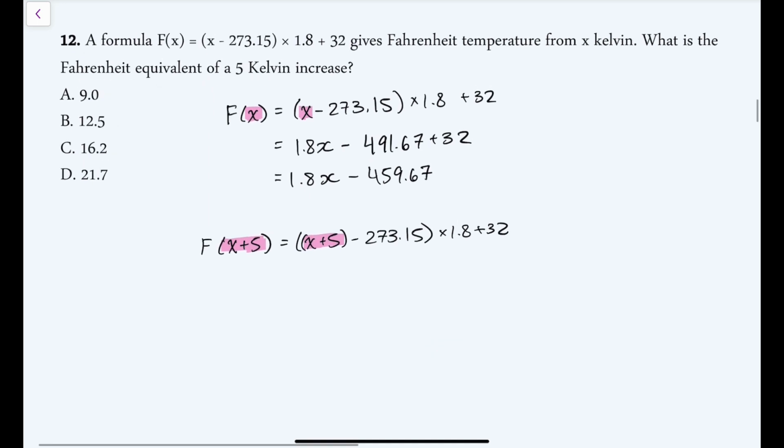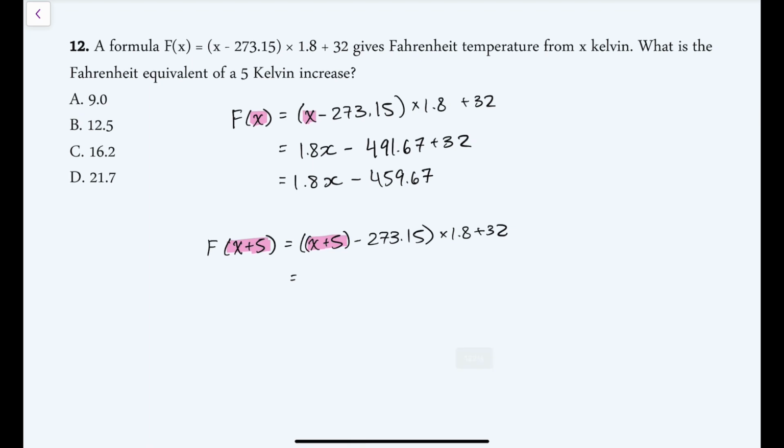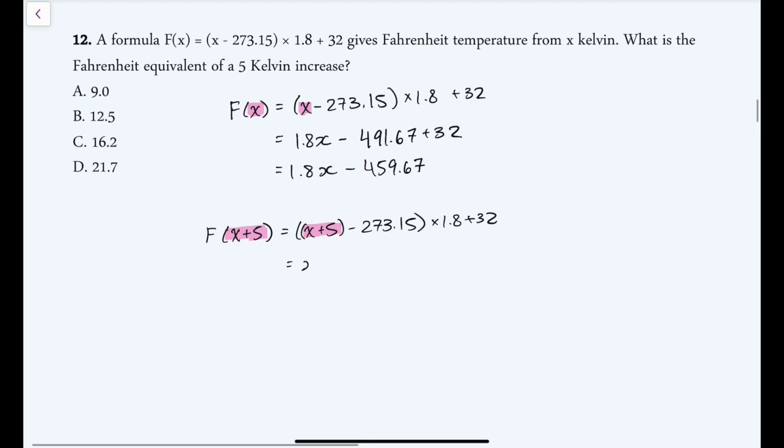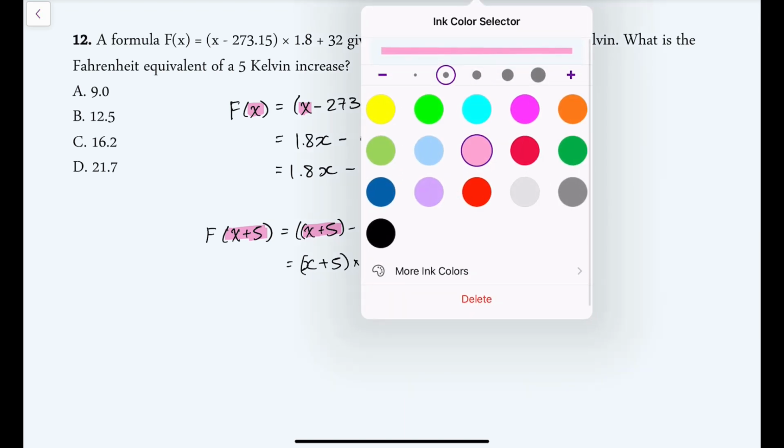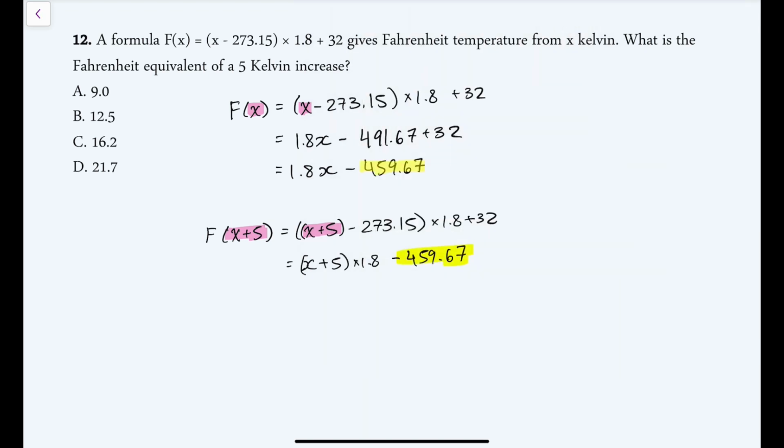And our second equation, x plus 5, let's leave that as it is for now, times 1.8 minus 459.67. Again, you should be able to recognize that this is the same as the first equation, and what we're going to see is 1.8x plus 5 times 1.8, which is 9.